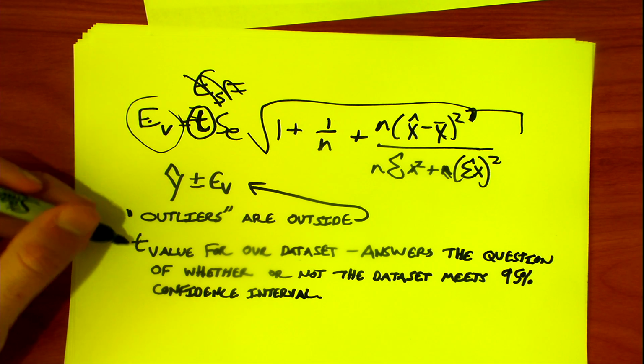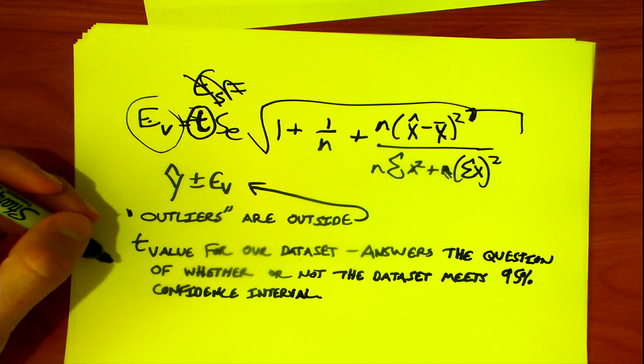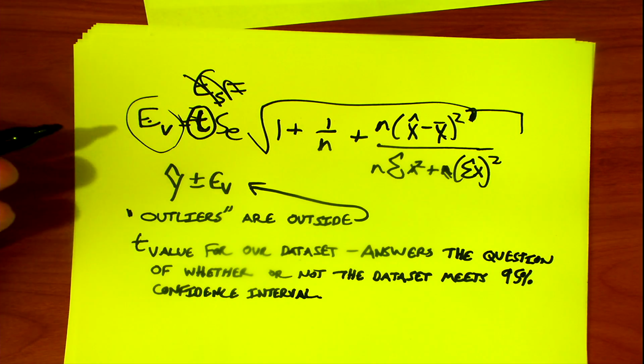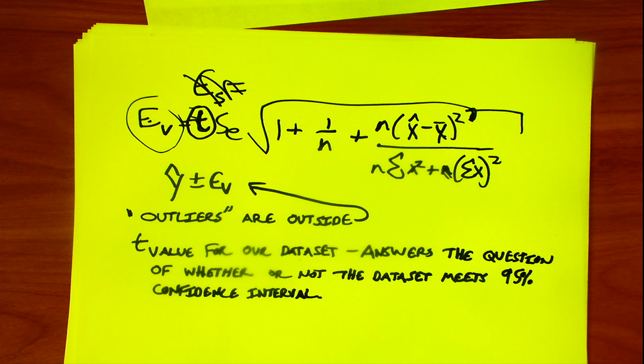Which means that this value might be really, really high relative to what the critical t-value is. The critical t-value is just the lowest that the t-value can be and still meet that criterion.